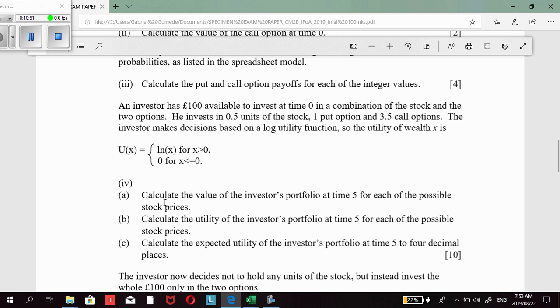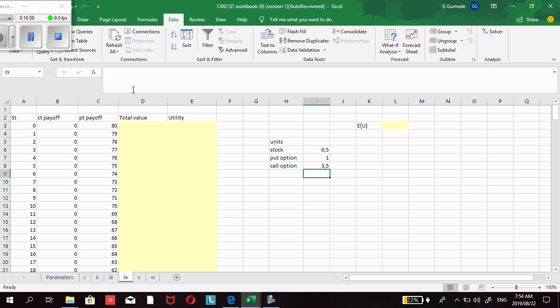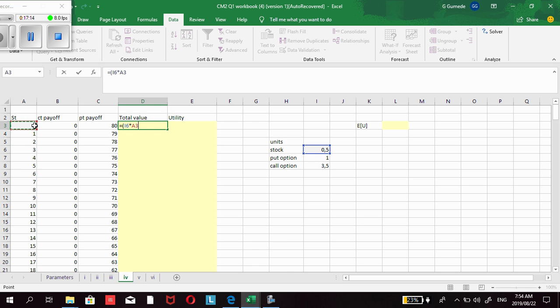Now we're looking at the value of the investor portfolio at time 5, at maturity. So how are we going to do this calculation? The total value will be equal to, so you're going to press equal to, your unit of shares multiplied by the share price. I'm going to close that bracket, plus your unit of the put option.